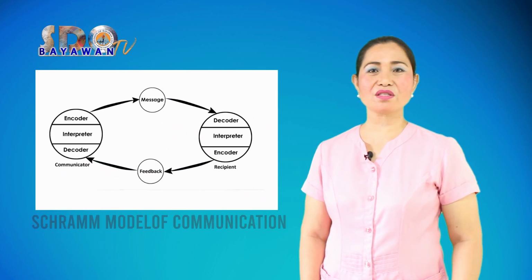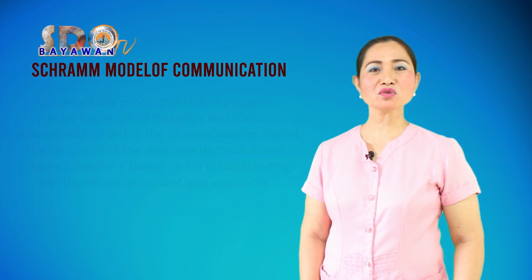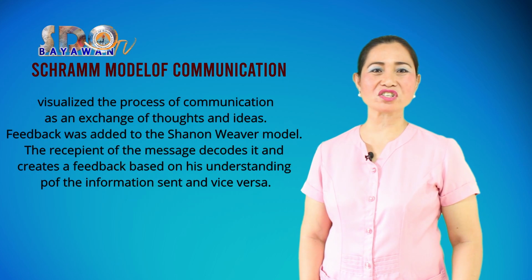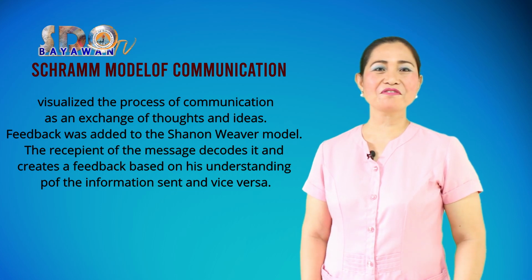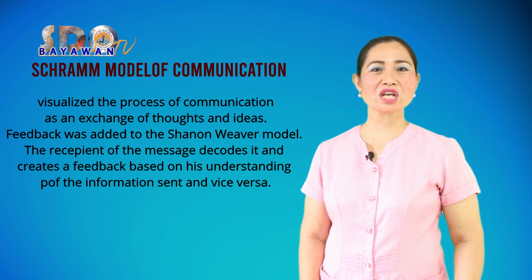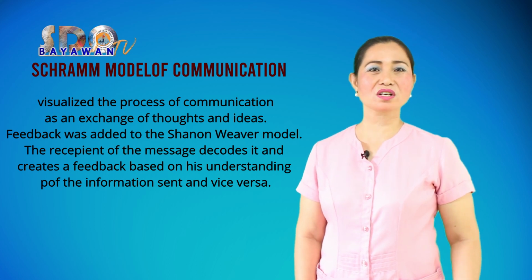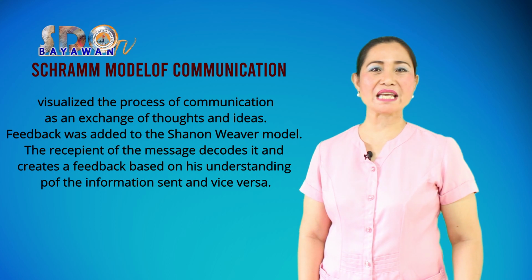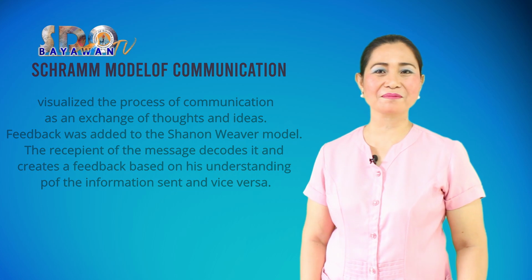Look at this illustration. This is the Schramm model of communication. Schramm visualized the process of communication as an exchange of thoughts and ideas. Feedback was added to the Shannon-Weaver model. The recipient of the message decodes it and creates a feedback based on his understanding of the information sent and vice versa.